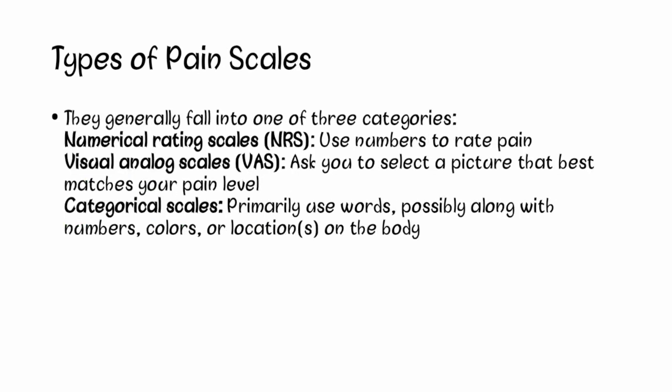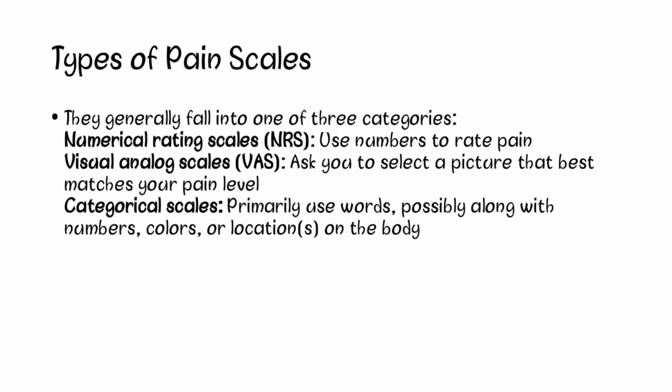Now, let's continue to the types of pain scales. Healthcare providers have many types of pain scales to choose from, and these pain scales generally fall into one of three categories. Number one, the numerical rating scales (NRS), which basically use numbers to rate the pain, as the name is telling you. Then the visual analog scales, also known as VAS.